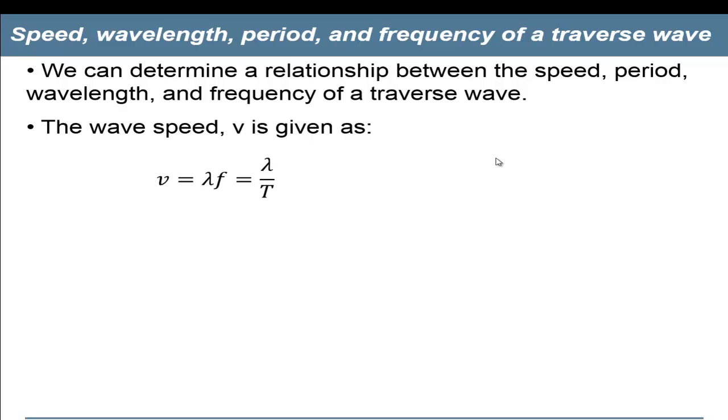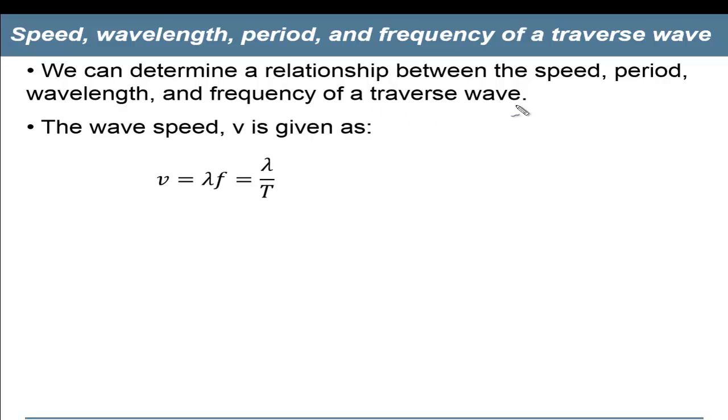So very much as that last slide suggested, there is a relationship between the speed of the wave. When we talk about speed in this chapter, we're talking about wave speed, so the speed of the entire waveform as it moves along. So this is the wave speed, and then the period, the wavelength, and the frequency of a transverse wave. And remember, a transverse wave is one where the disturbance is perpendicular to the direction of propagation.